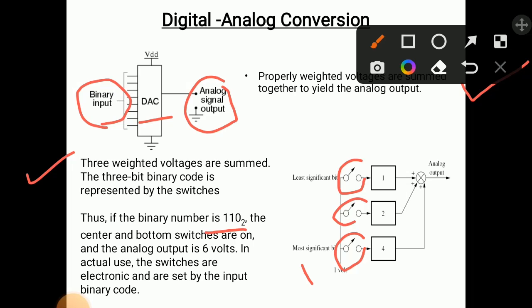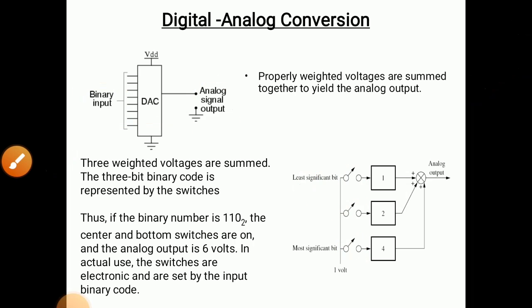This is 1, this is 1, and this is 0. When it is 110, the bottom and center switches will be closed, and the top switch will be open because it is 0. That's why the addition will be 6 volts and our analog output will be 6 volts.